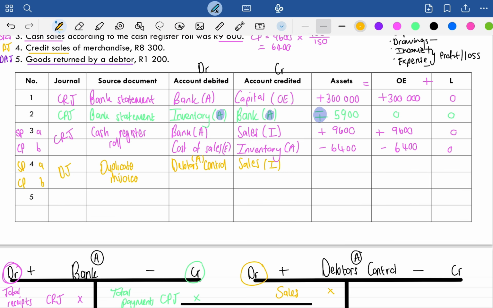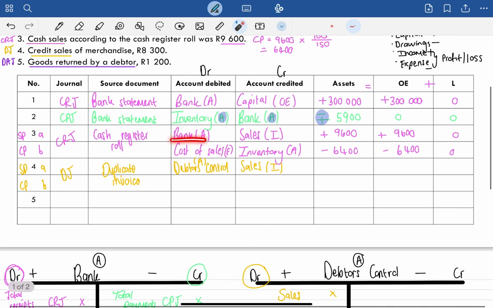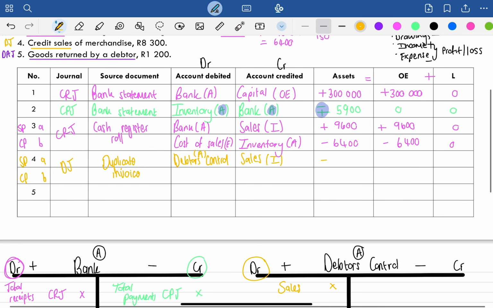So if you look very carefully, instead of bank and sales, this time it's just debtors and sales because it's actually being sold to a debtor. The signs, however, look the same because debtors owe us more and our income increases our owner's equity. So there we go.